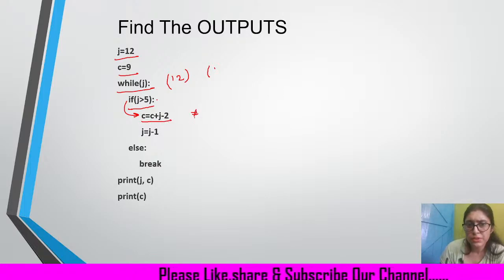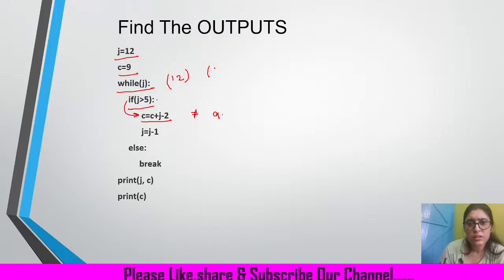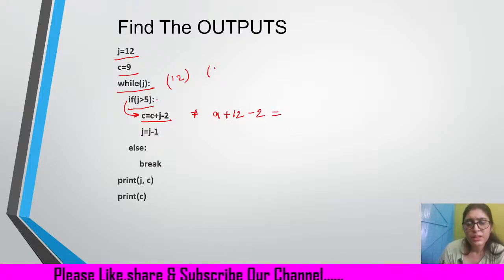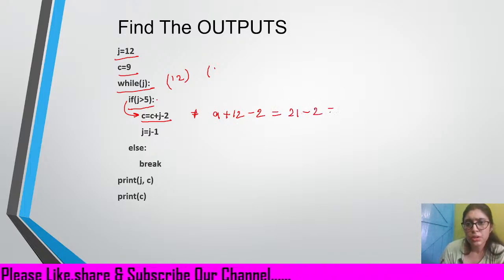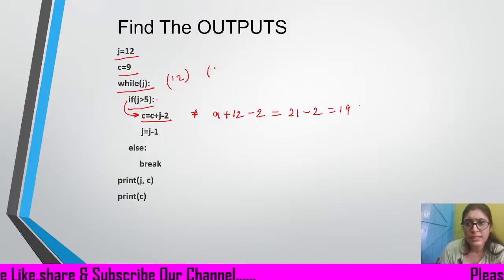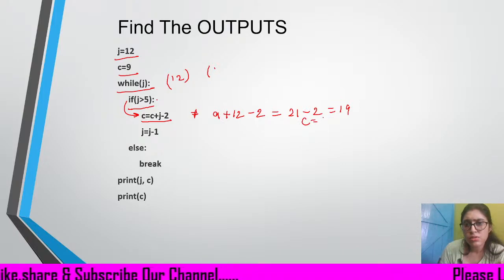C is 9, so 9 plus 12 minus 2. 9 plus 12 is 21, minus 2 is 19. So C equals 19 is what I am getting here.